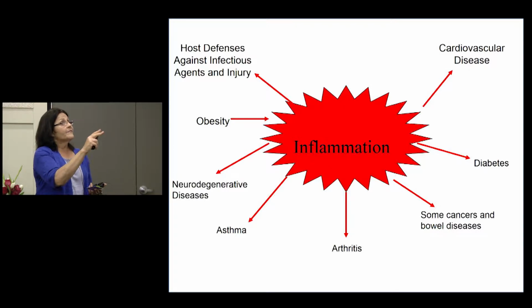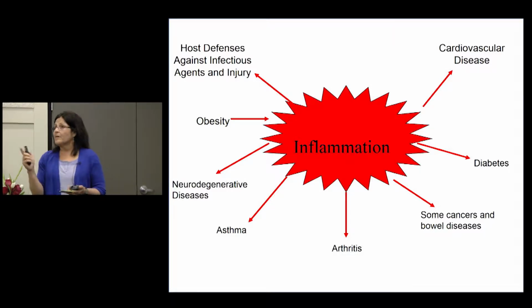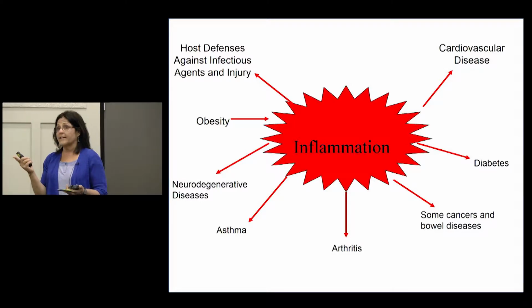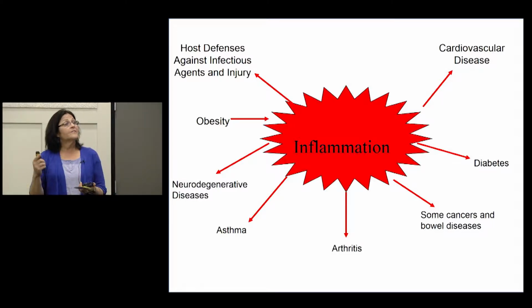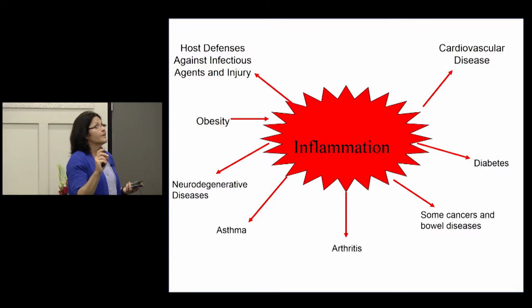Excessive inflammation can lead to a variety of neurodegenerative diseases, asthma, arthritis, which is an inflammatory condition, some cancers, diabetes, cardiovascular disease, and a whole host of autoimmune diseases. So inflammation becomes this common part of the equation.